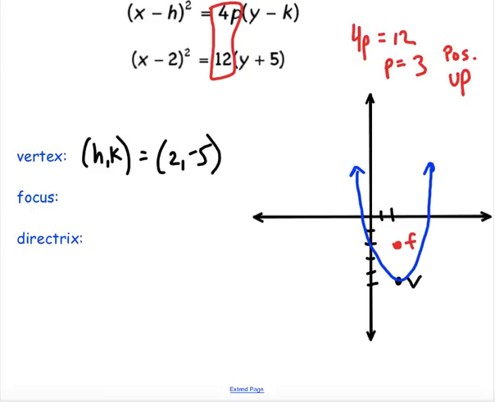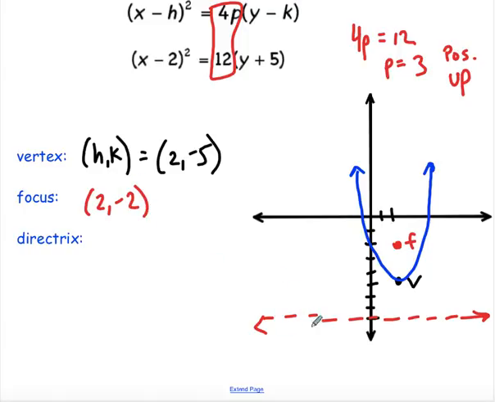And then we're going to need to go 3 down from the vertex, and our directrix will be a horizontal line, like that. And we're going to want you to identify where those are located. So the focus, if you figure out what coordinate this is, it's 2, -2.